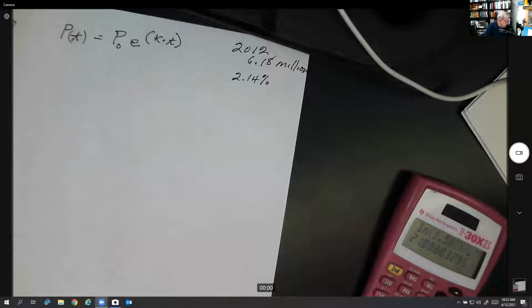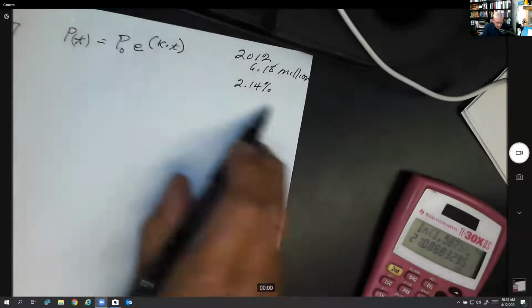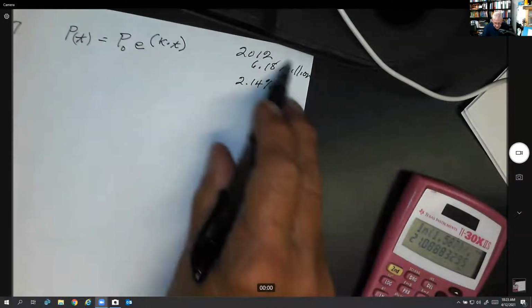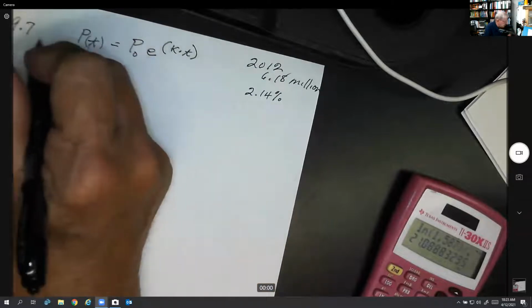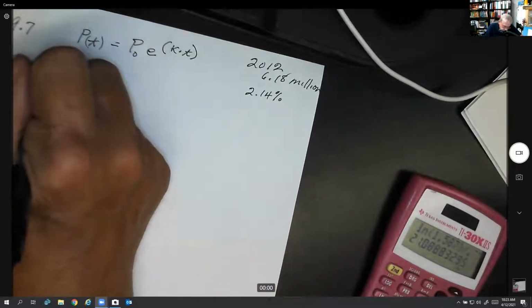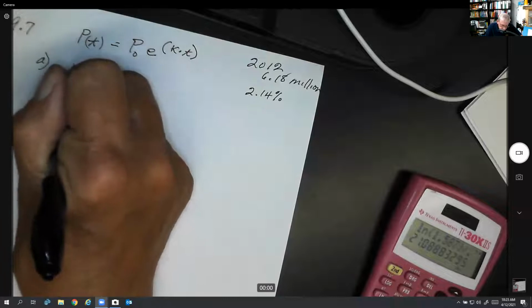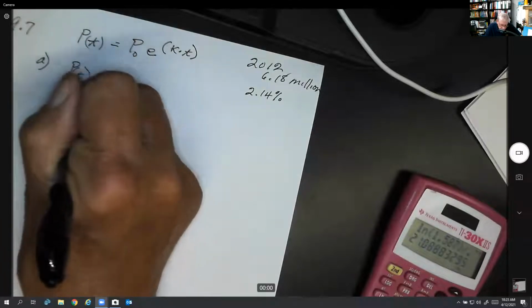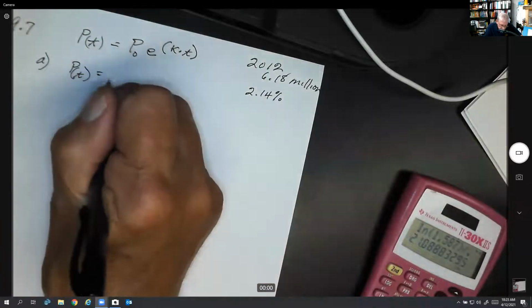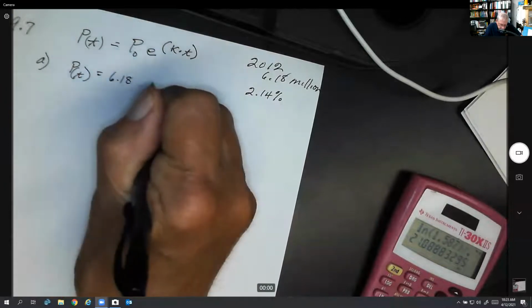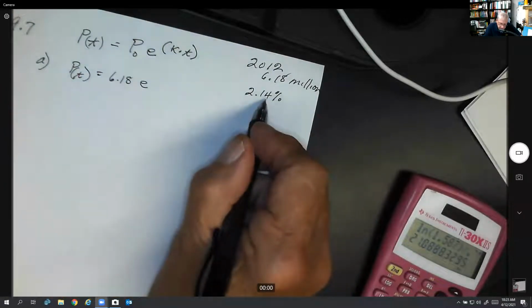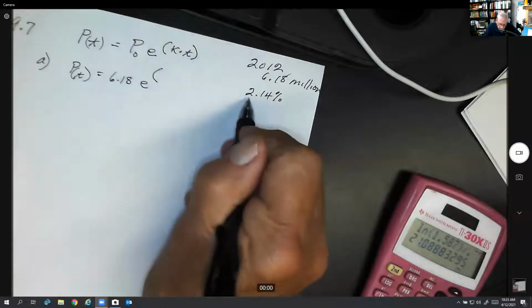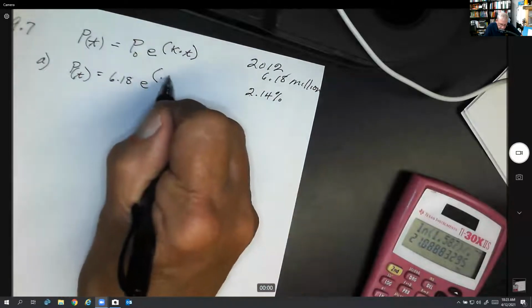So it says, first of all, rewrite the formula in terms of this information. So that's what we're going to do in part A. The initial population now is 6.18. E is E. K is R, 0.0214.